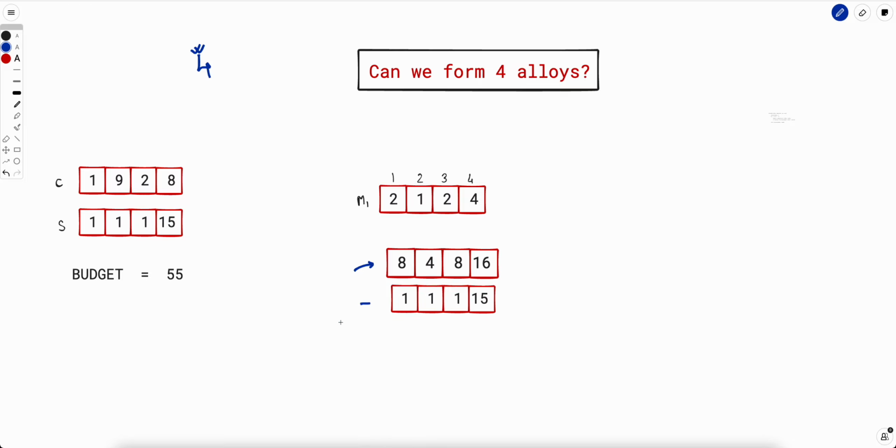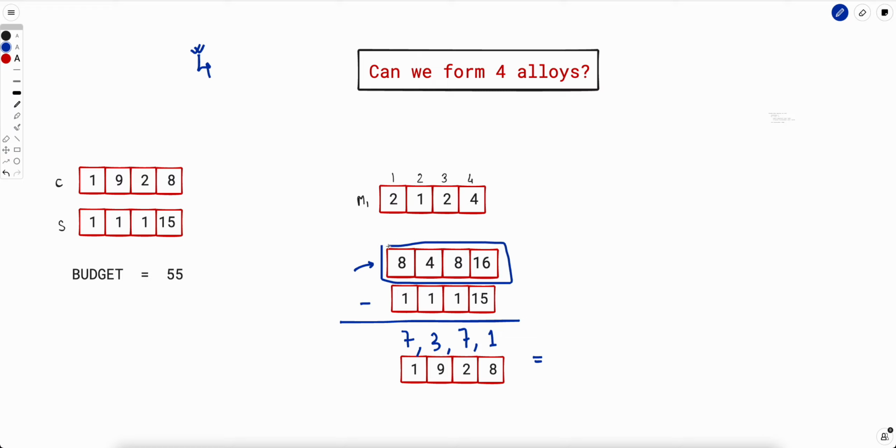So how much extra do we want? We want 7 units of the first metal, we want 3 units of the second metal, we want 7 units of the third metal, and we want 1 unit of the fourth metal. Now we are also given the cost of each of the metals, right? So how much will you need to spend to actually get all these metals in the stock, right?